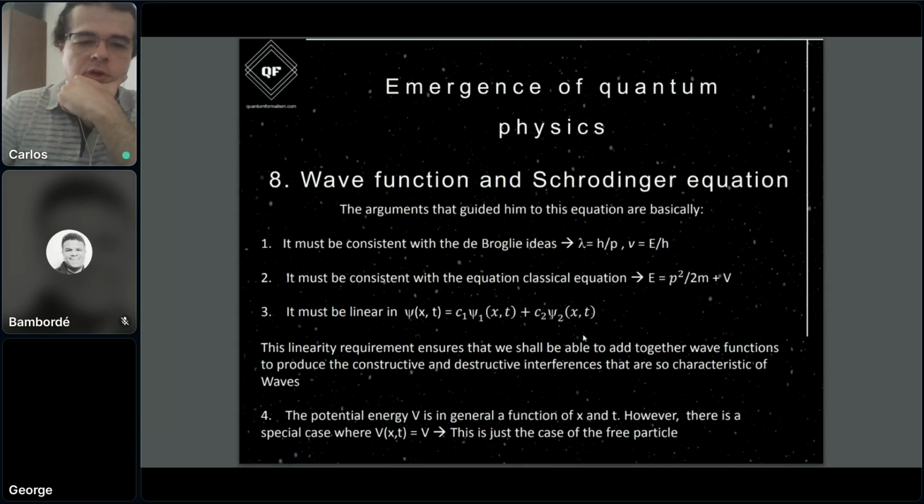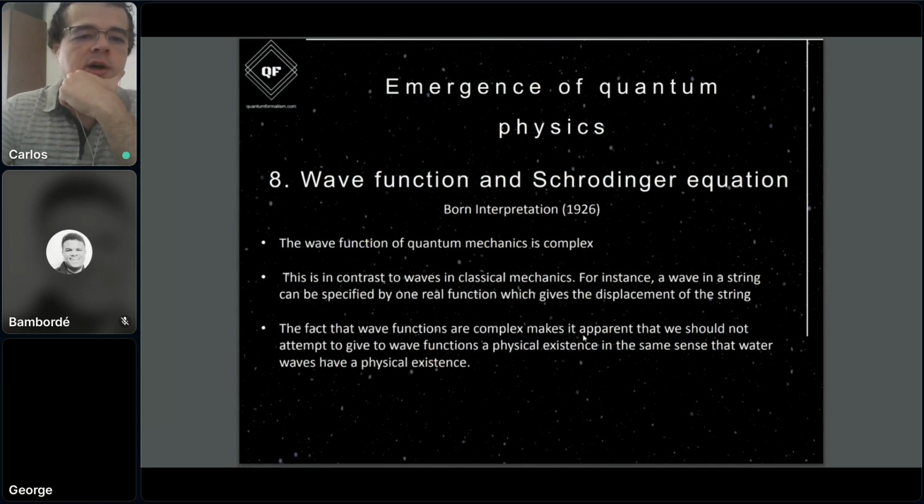So the wave function of quantum mechanics is complex because the imaginary part appears in the equation. This is in contrast with waves in classical mechanics. For instance, a wave on a string can be specified by a real function which gives the displacement of the string.